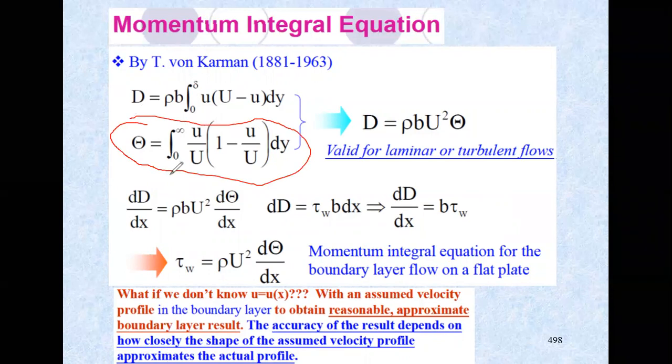What you do is present the drag force as a function of this boundary layer momentum thickness, and this applies for laminar or turbulent. Then if we derive that drag on each elemental length dx, you will end up with this equation of tau w as a function of d theta dx, the momentum boundary layer thickness.